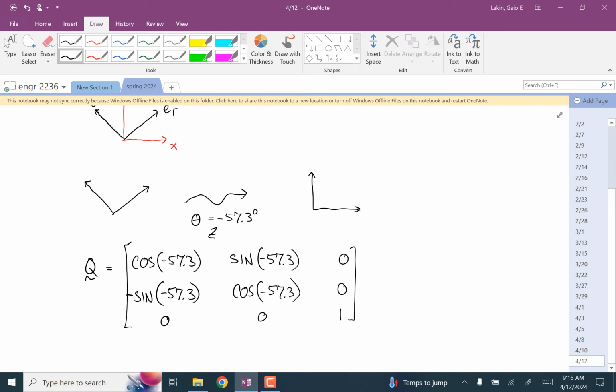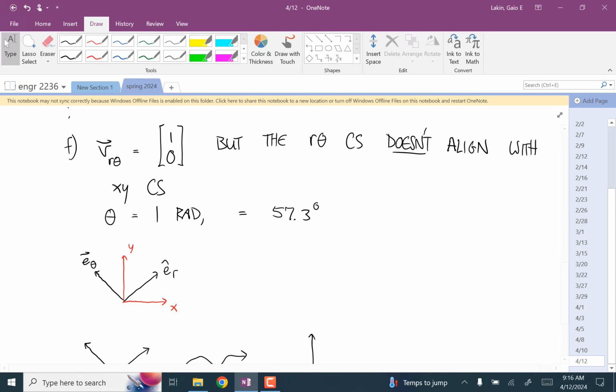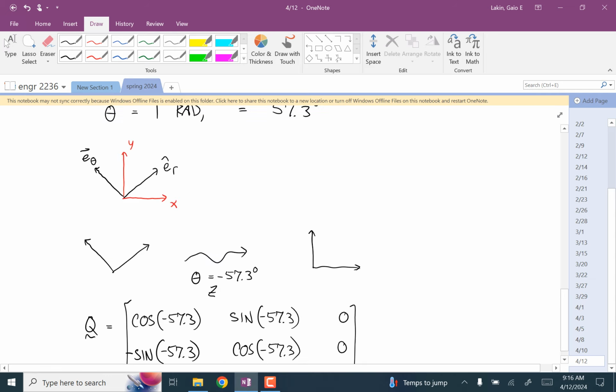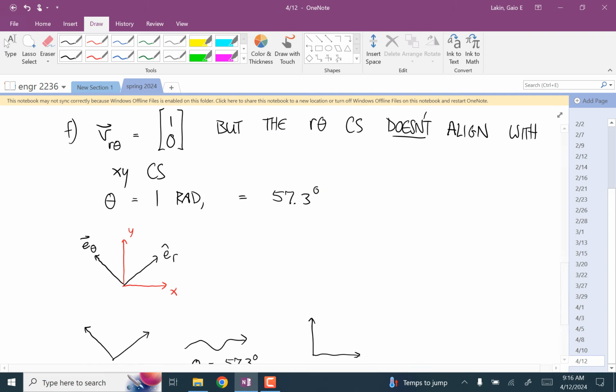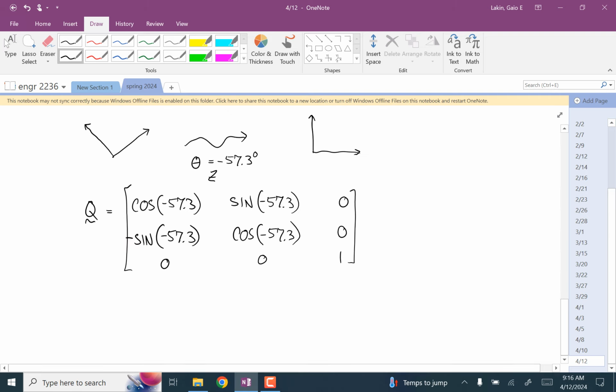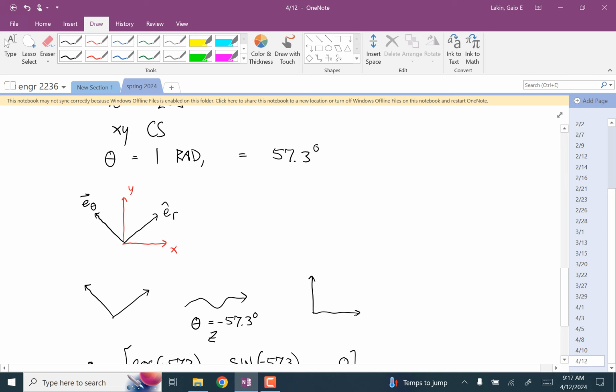And we're multiplying this by the velocity vector in the r theta coordinate system. So the velocity in the xy coordinate system is q multiplied by what we got before.